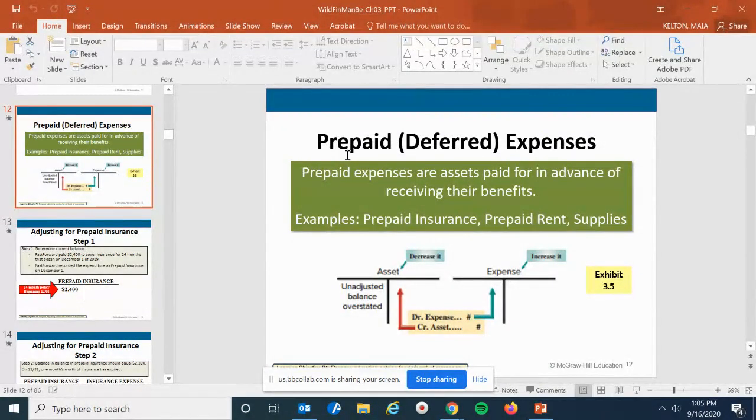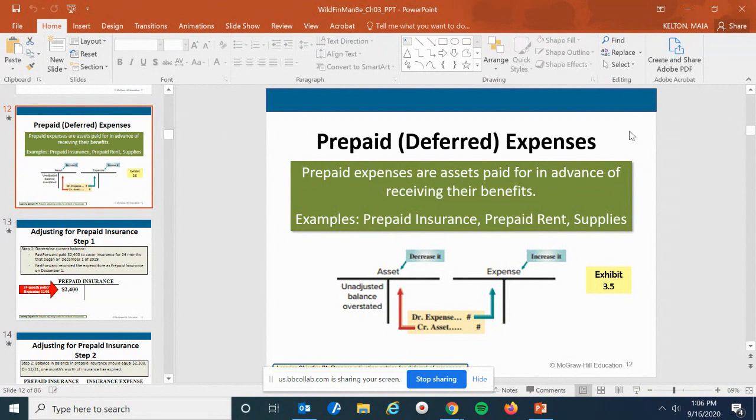All right, so last time we said that there are two large areas of adjustments. The first one is deferrals. Deferrals could be deferred expenses or deferred revenues. So when we're making a deferred expense journal entry, we need to be thinking prepaid expenses.